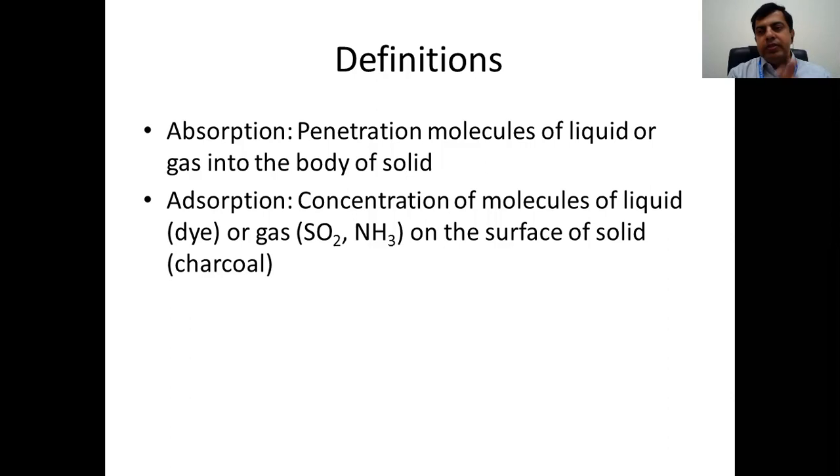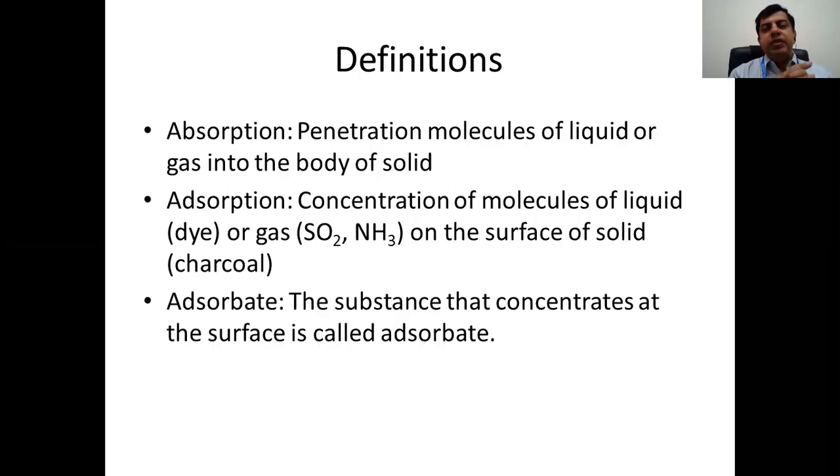So this process is called adsorption. Actually, this is the surface chemistry which we are going to discuss in this course, and the chemistry of the adsorption process. It is the concentration of the molecules of the liquid or the gas on the surface of the solid.